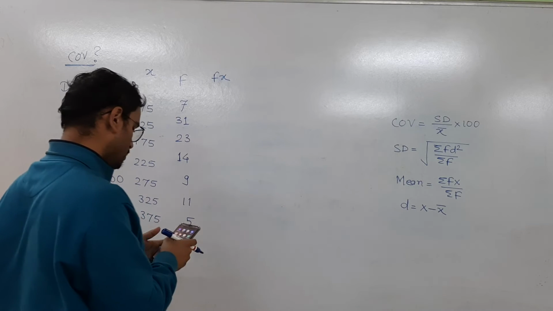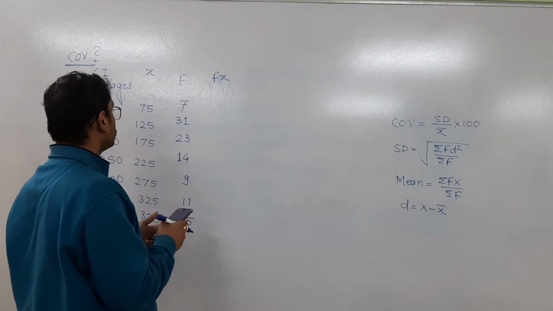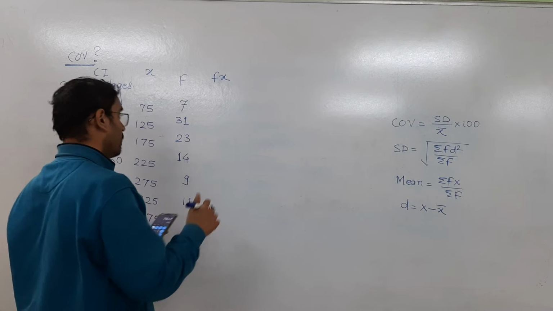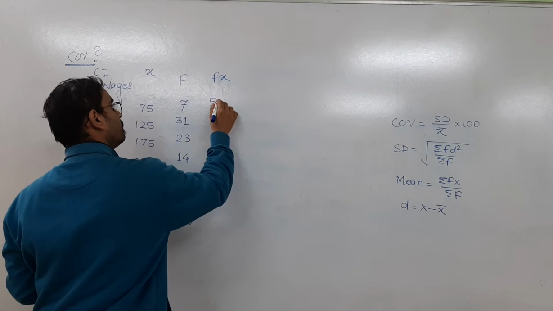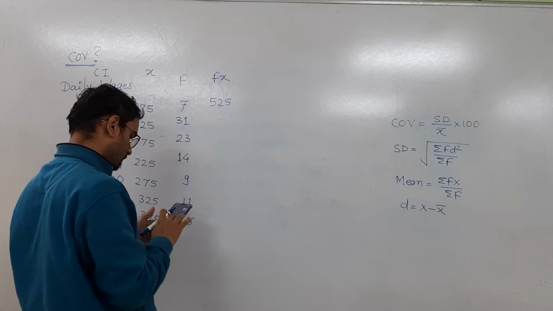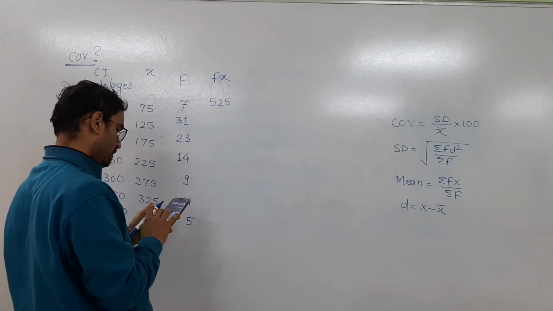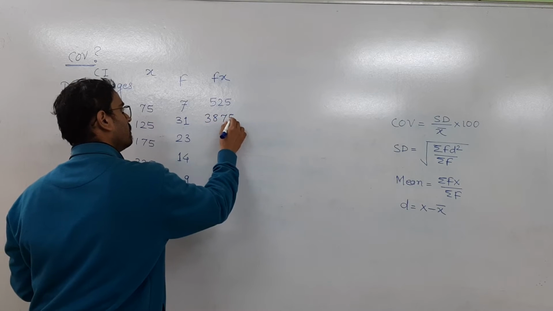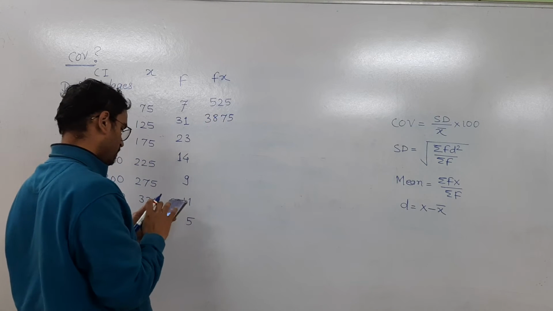By using a calculator, you can calculate 75 into 7. That will be 525. 31 into 125, 3875.